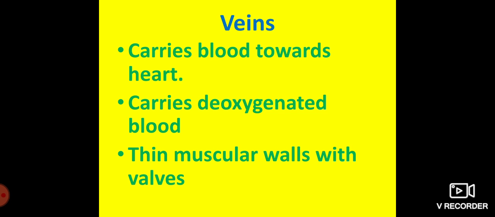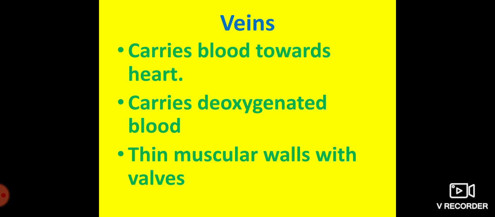Veins carry deoxygenated, impure blood to the heart for purification, except the pulmonary vein, which carries pure or oxygenated blood.